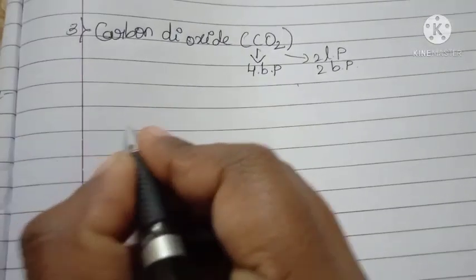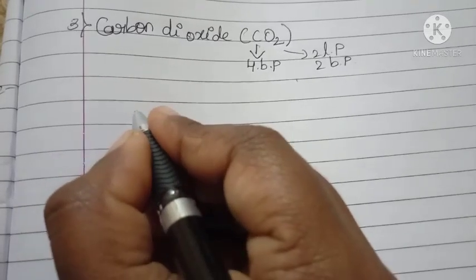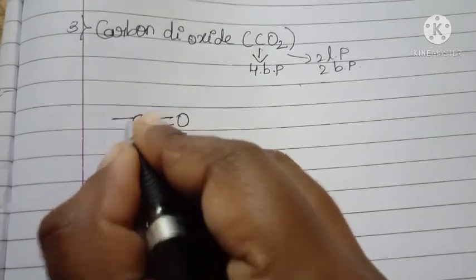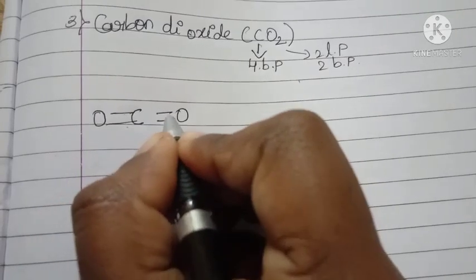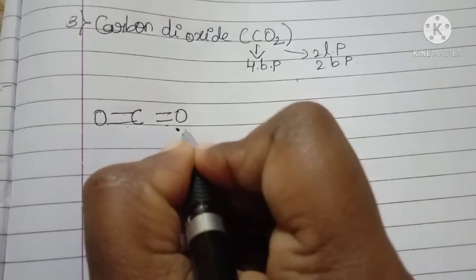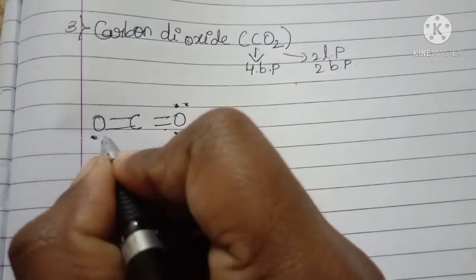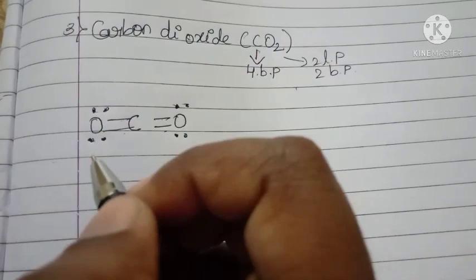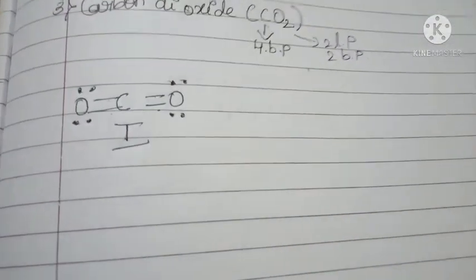The actual structure is C double bond O double bond O. Here this carbon atom is completely filled with 4 bond pairs and this oxygen atom has 2 bond pairs and 2 lone pairs, and also this oxygen atom has 2 bond pairs and 2 lone pairs. Okay, this is one. This is the actual structure of carbon dioxide.